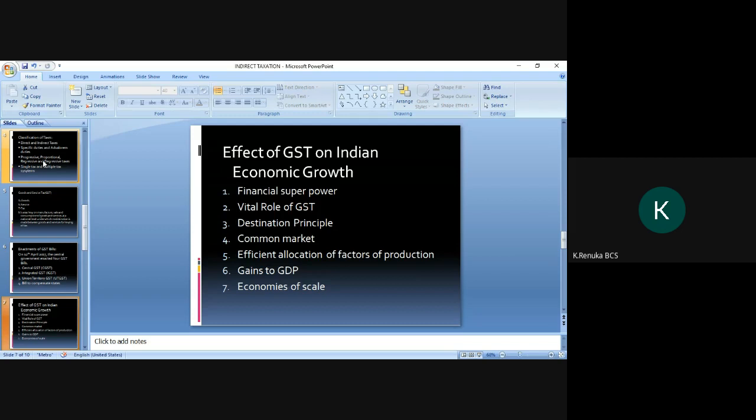So after this implementation, a common market has been made for every person, though they were the micro market or microeconomic, to a variable market. This GST has made a mandatory rule that all the rate fixed is commonly fixed. It cannot be changed according to their thing.